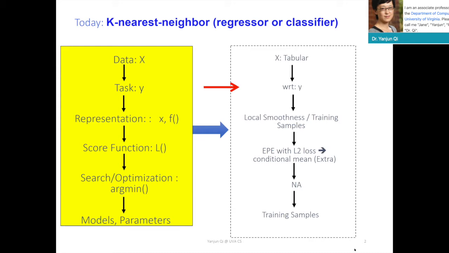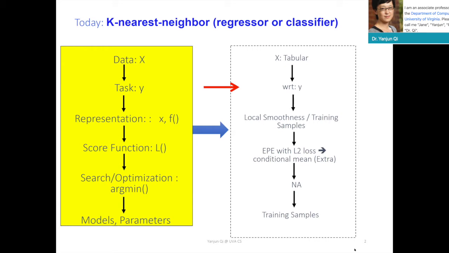It has an intrinsic local smoothness assumption as the representation. I'm going to talk about what I mean by local smoothness in the next few slides. And kNearestNeighbor based algorithms in fact minimize something called expected prediction error using the L2 loss.